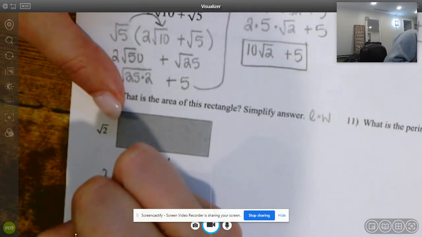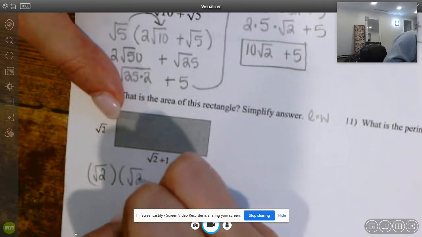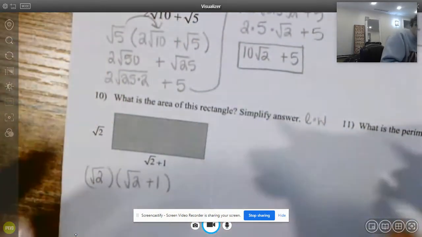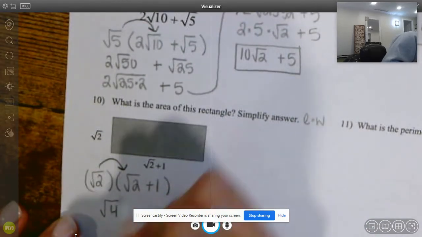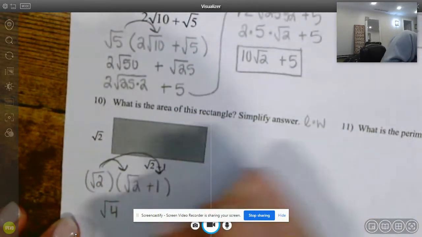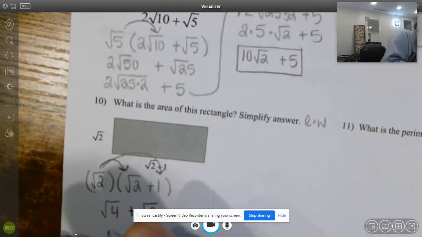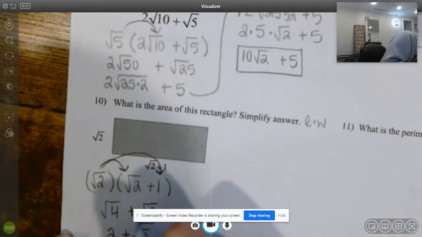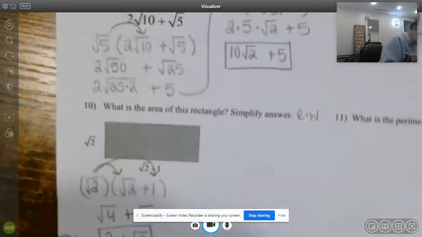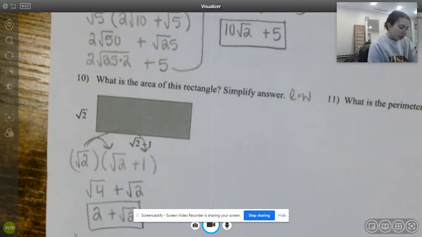So if our length is the square root of 2 times the square root of 2 plus 1, we can distribute. Square root of 2 times square root of 2 is the square root of 4, plus 1 times the square root of 2 is just square root of 2. Well, we know the square root of 4 is 2. And then we know the square root of 2 does not simplify to anything. So our area just ends up looking like that. 2 plus the square root of 2.